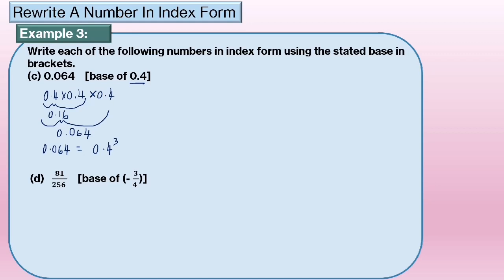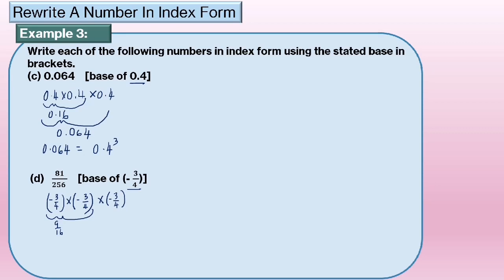We look at d. The question is 81 over 256. The base is negative, negative 3 over 4. Okay, if I use repeated multiplication, it means negative 3 over 4 times negative 3 over 4. We check the answer. It will equal 9 over 16. So not yet the answer. So we times again negative 3 over 4.